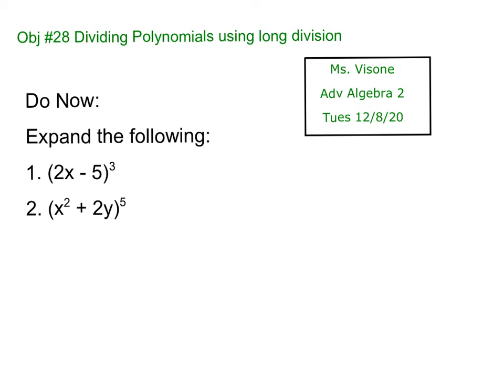Alright, so pause and see if you remember how to do number 1 and 2, expanding. So we need Pascal's triangle. So 1, 1, 1, 1, 2, 1, 1, 3, 3, 1, 1, 4, 6, 4, 1, 1, 5, 10, 10, 5, 1. All right, so for the 3, we start with the row that has a 3, so 1, 3, 3, 1. The second number is a 3.